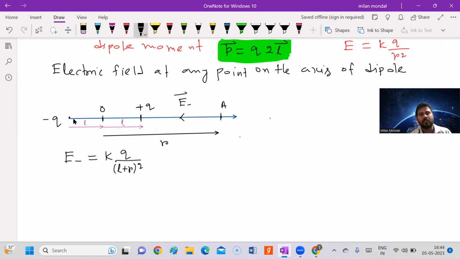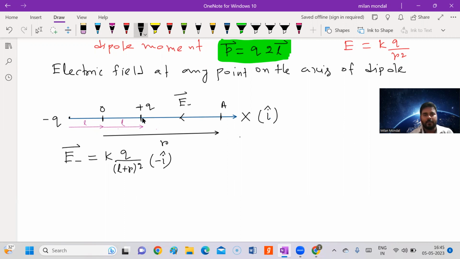That is the direction of the electric field due to this minus Q charge. Similarly, we take that as our x-axis and that is i cap, the unit vector along the x-axis. So we can write this vectorially: E vector, as the direction is the negative x-axis, is minus i cap.